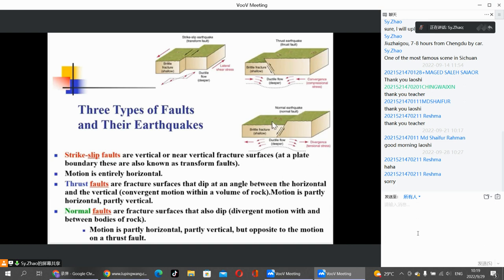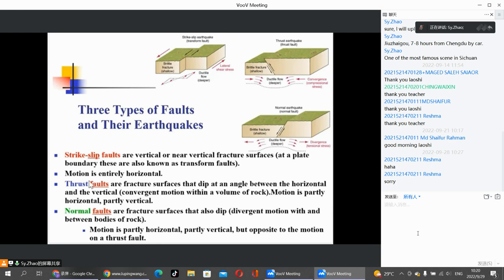The last type is the normal fault, a fracture surface that also dips, and it usually occurs in divergent motion between bodies of rock. Such motion is partly horizontal and partly vertical, but opposite to the motion on a thrust fault.